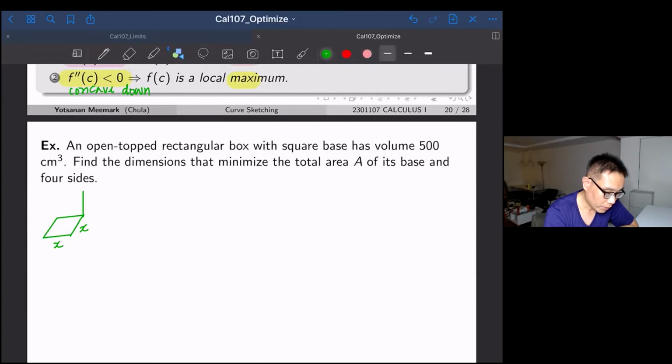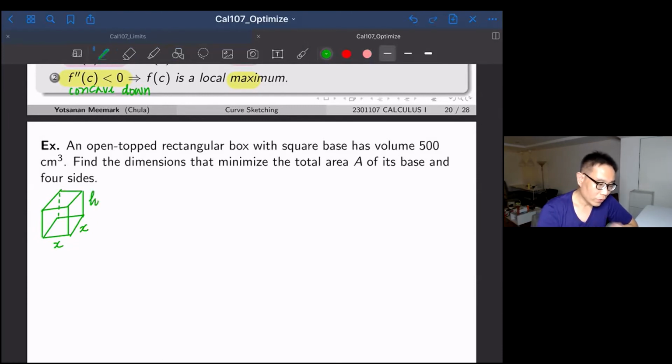Let me draw this one. I hope I will be able to complete this box. And you're going to have the back, so in this case you have the height h.